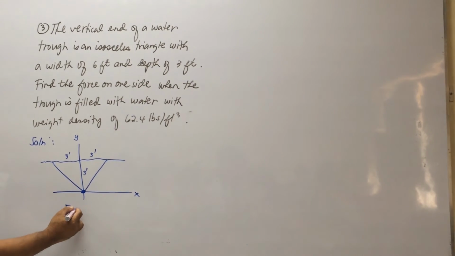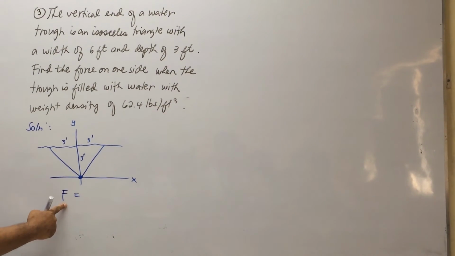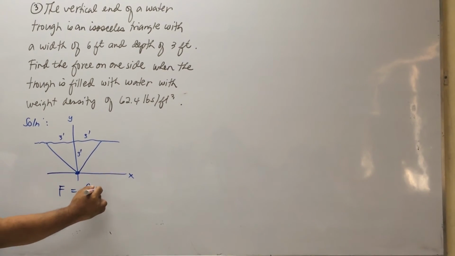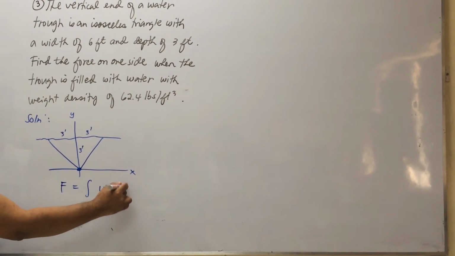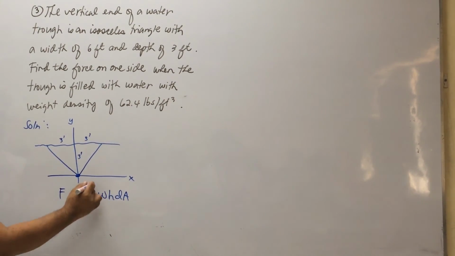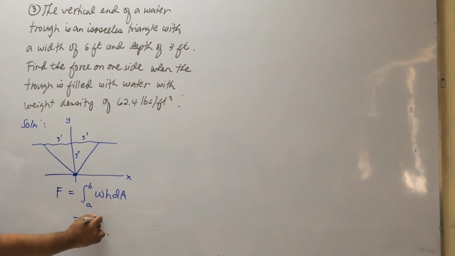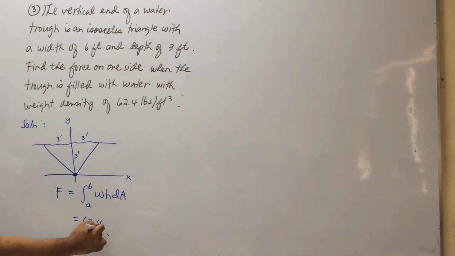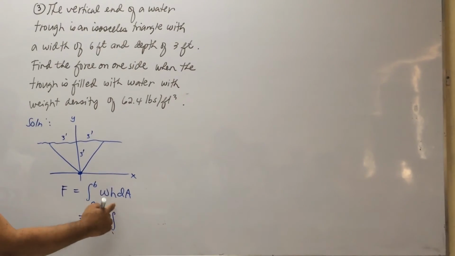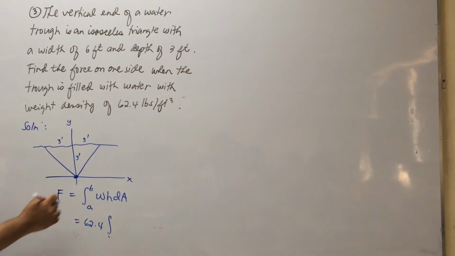Computing now for the force on one side, which is represented by F, we have the formula W h dA from a to b. The weight density is given as 62.4 pounds per cubic foot, and we have the height. The height can be obtained.